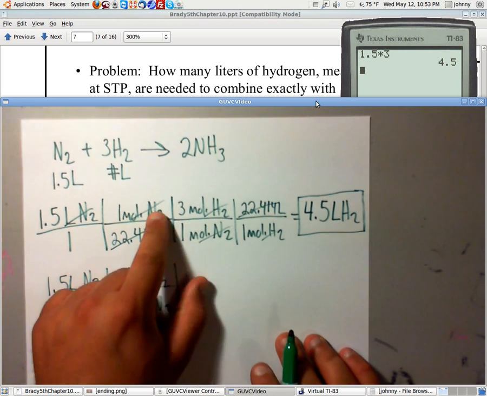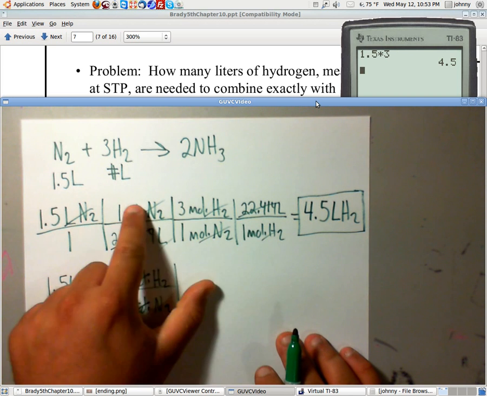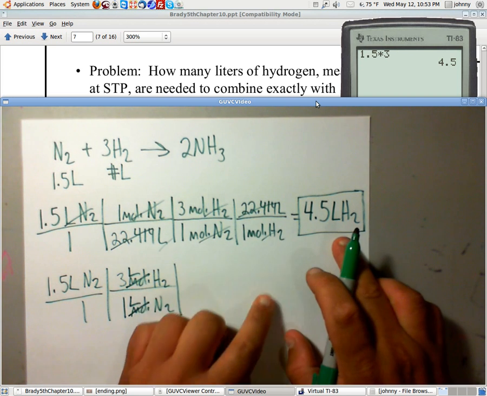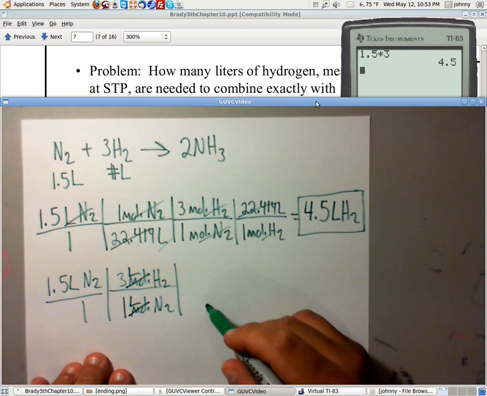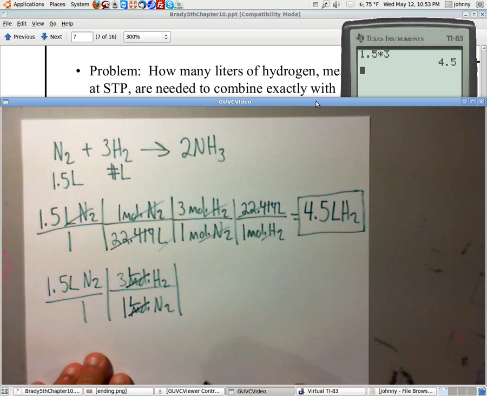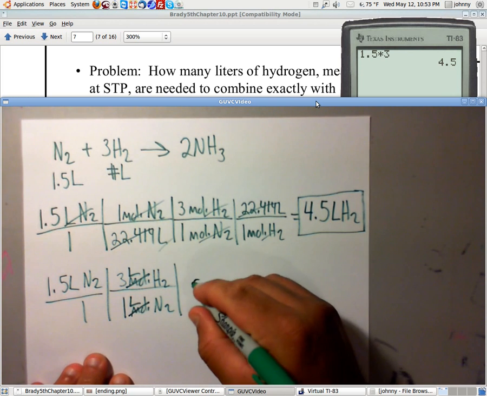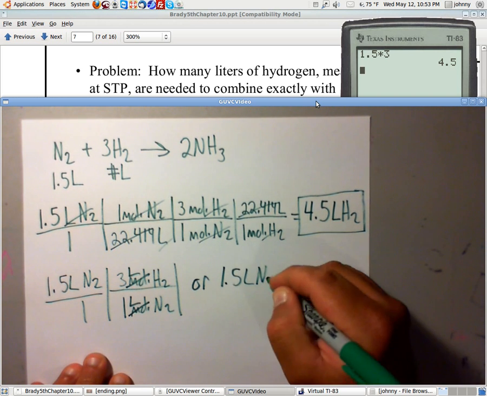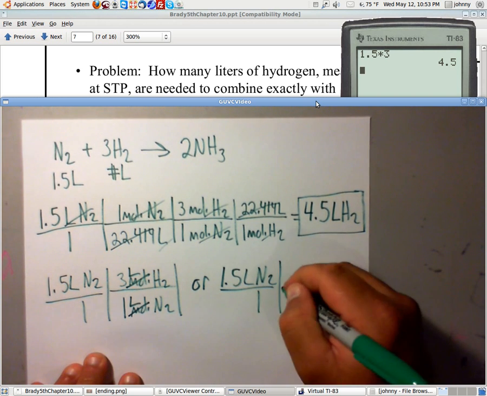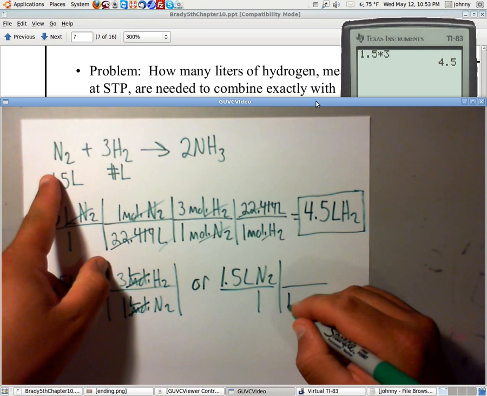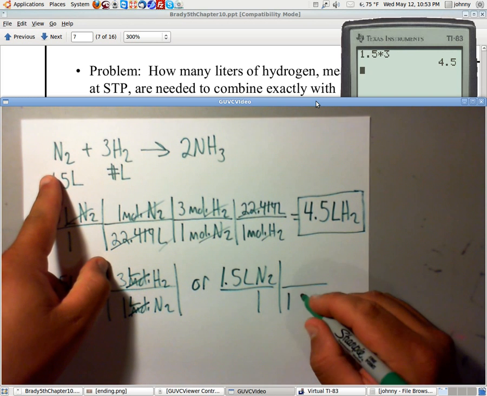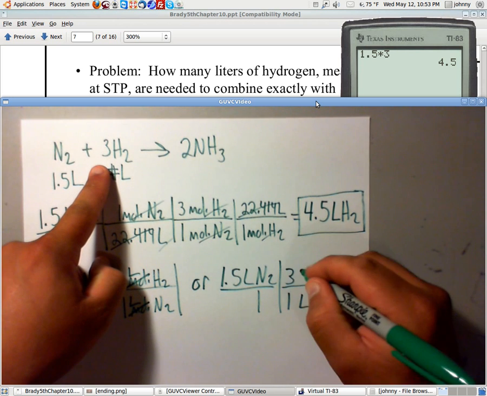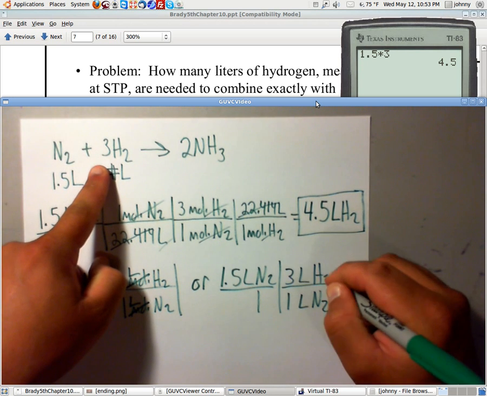I'm so used to old school teaching that this is the way that I was taught many moons ago, and I still work it that way. But I do try to show my students now that you can just treat the moles as liters. So you're just saying 1.5 liters of N2 over 1, and then instead of 1 mole, there's 1 liter of N2, and here there's 3 liters of H2.